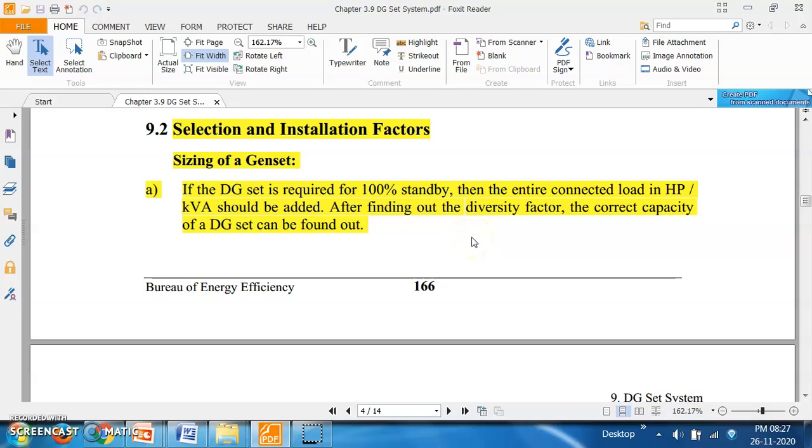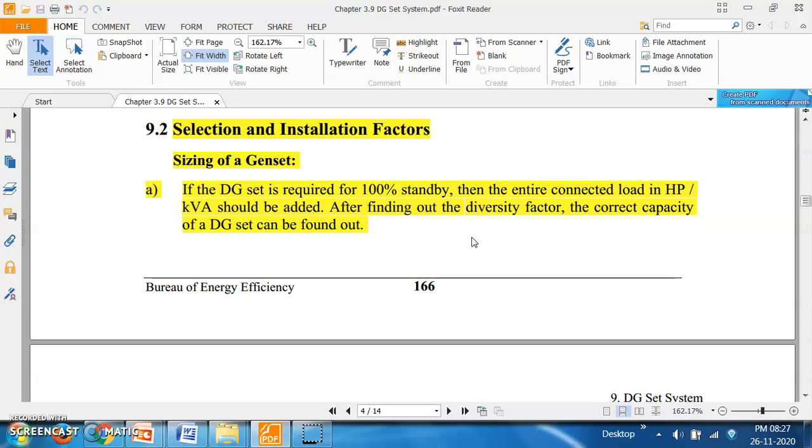Suppose if you take a room, in that particular room 6 fans are connected and 5 tube lights are connected, and then maybe 2 5 ampere plug points are given. Now if you add the power requirement of those devices, that will be considered as connected load.